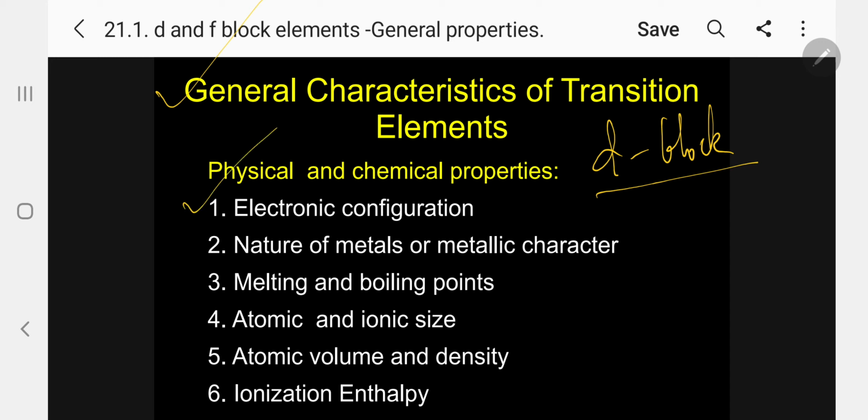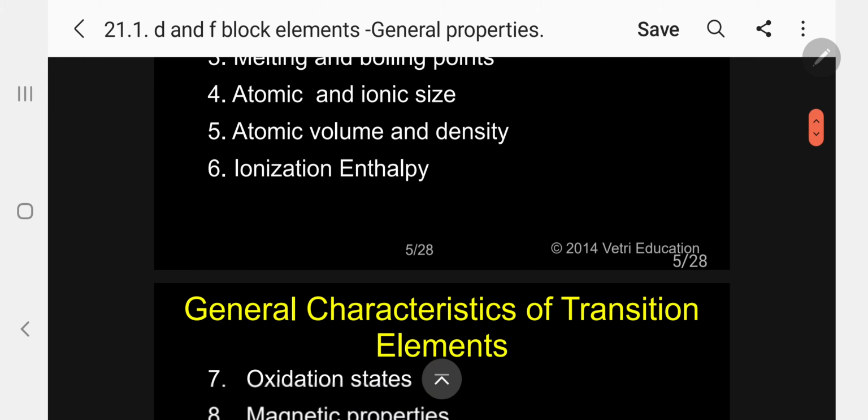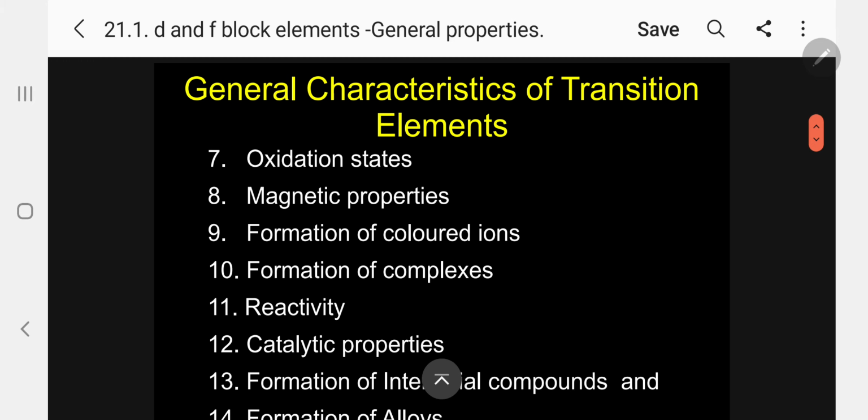Number 1, electronic configuration. Number 2, nature of metals or metallic character. Number 3, melting and boiling points. Number 4, atomic and ionic size. Number 5, atomic volume and density. 6, ionization energy. Number 7, oxidation states.